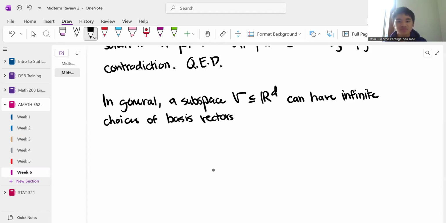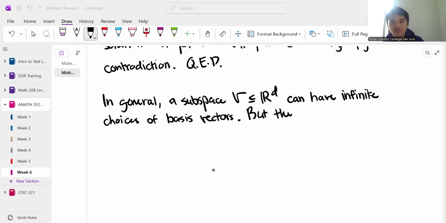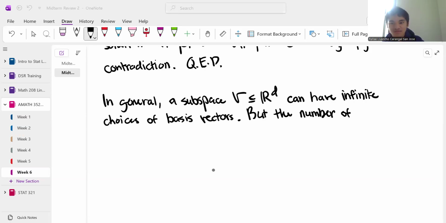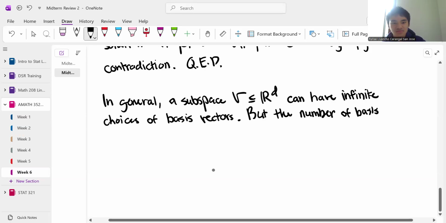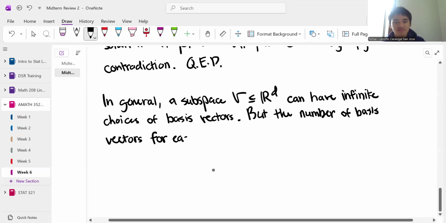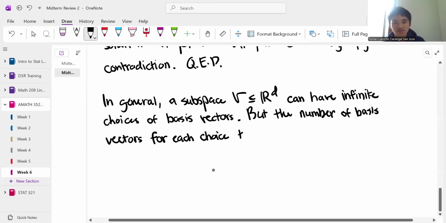So there is an infinite amount of possibilities, but there's a big however: there are lots of choices, but the number of basis vectors for each choice turns out to be the same.